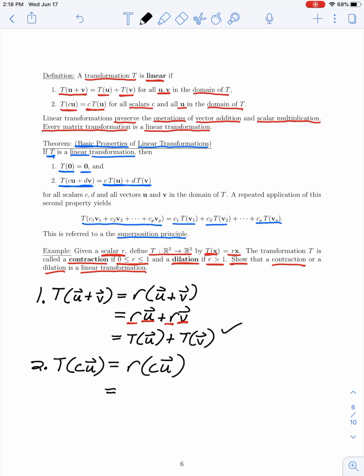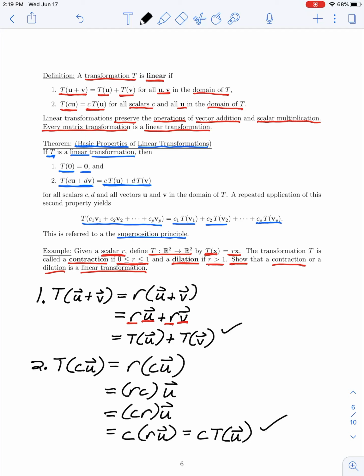So using the definition of scalar multiplication, we can think of this as r times c times the vector u, and we know that for scalars, r times c is the same as c times r. So we have here a scalar c times the product of r with u, but the product of r times u is exactly the transformation of u.